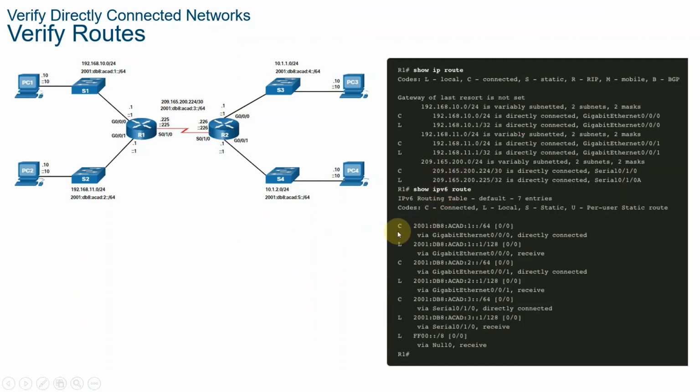Also, you've got C there. The C next to the route within the routing table indicates that this is a directly connected network. When the router interface is configured with a global unicast address and it is in up state, the IPv6 prefix and prefix length are added to the IPv6 routing table as a connected route.